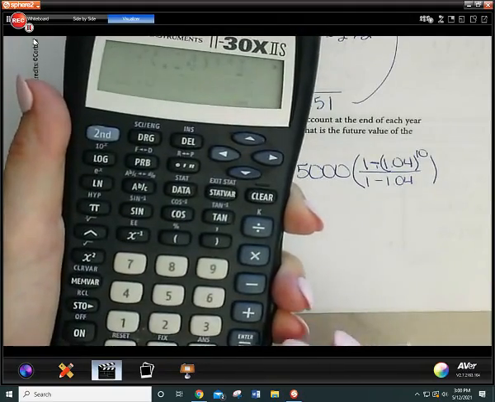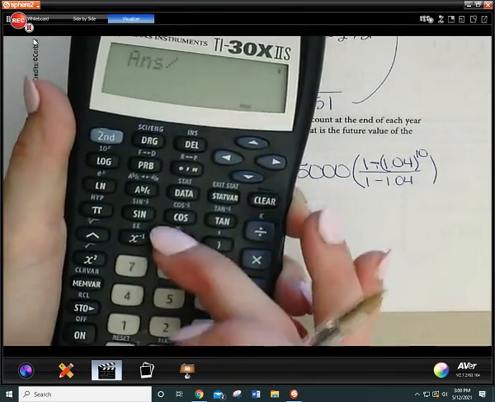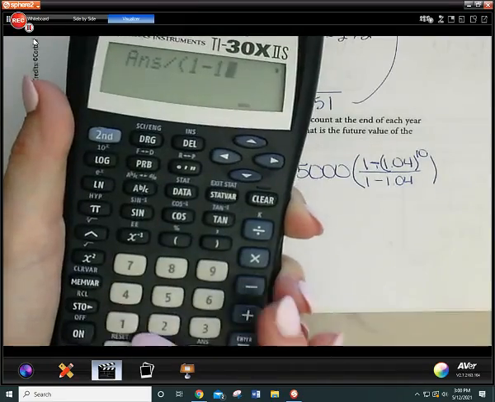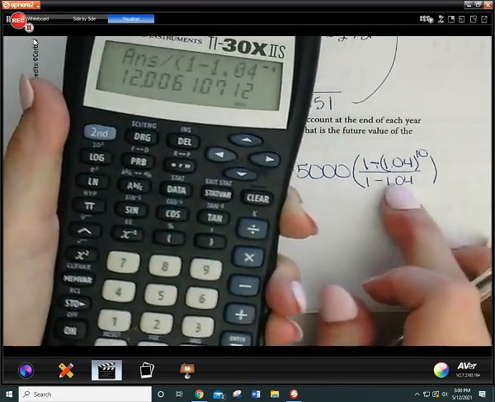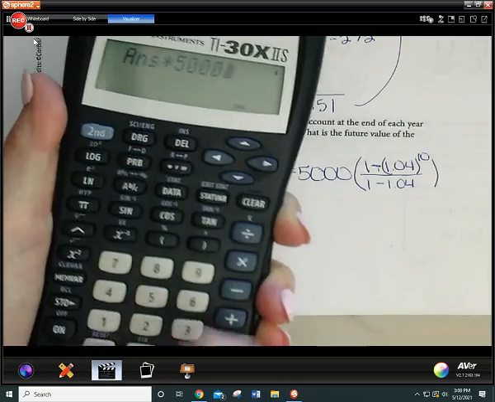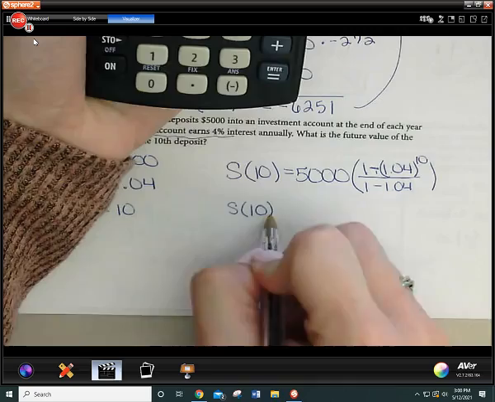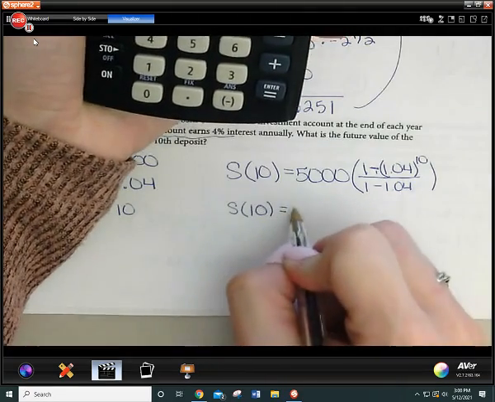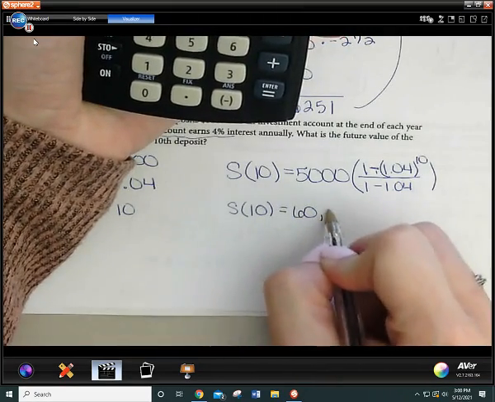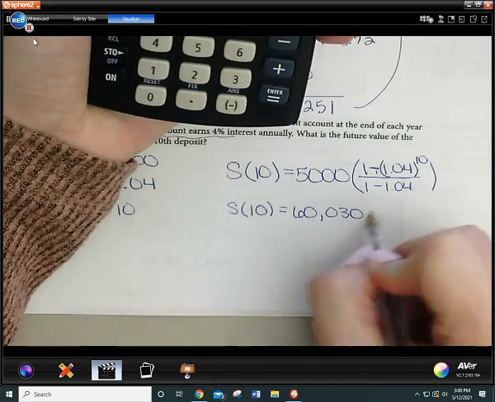Hit equals. Say divided by, put parenthesis, 1 minus 1.04, and then take that times 5,000. Okay, so after 10 deposits, the person is going to have $60,030.54.